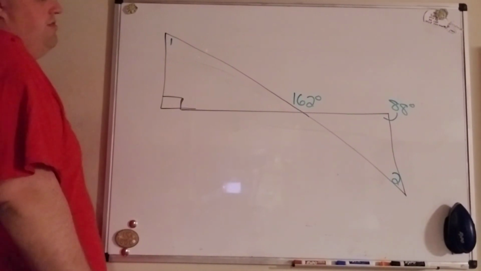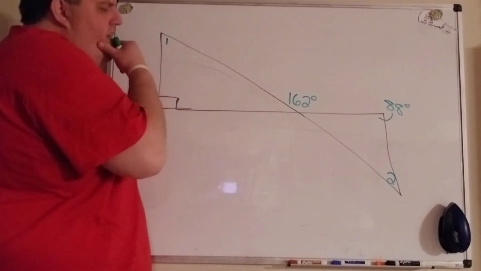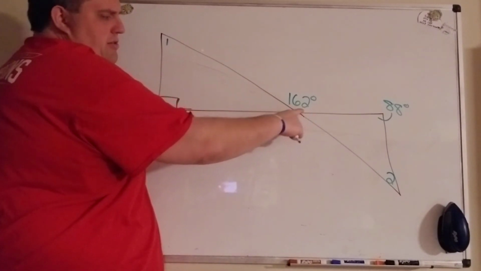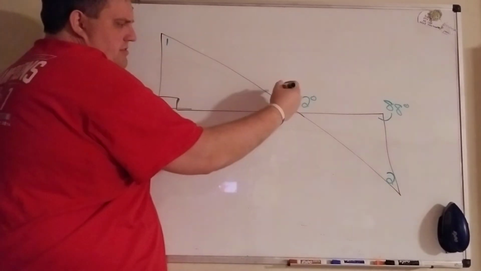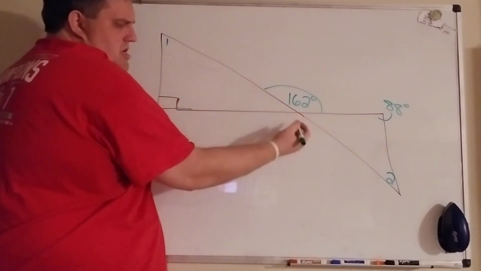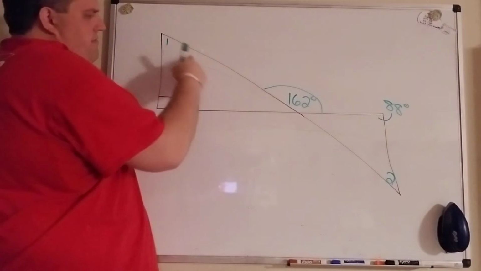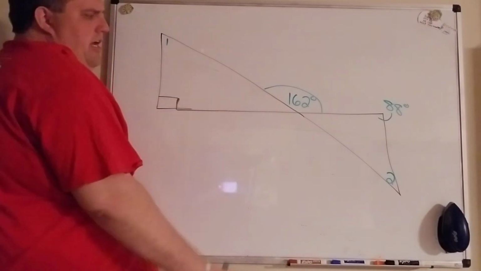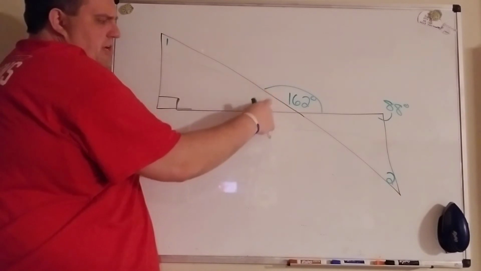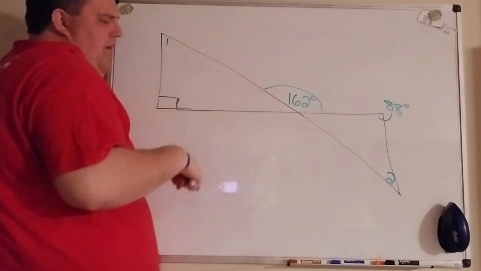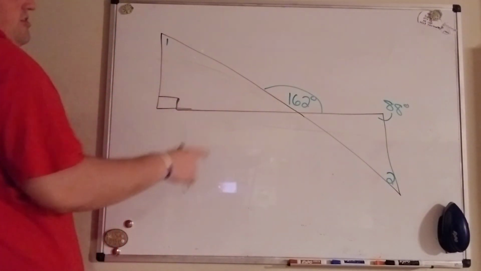All right. So here's what's interesting. This 162 is an exterior angle to this triangle here. So I know I could find this angle if I wanted to because they're supplementary. And then if I wanted to, do you guys remember this?